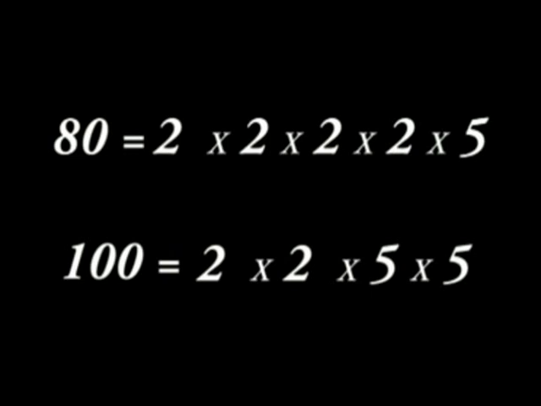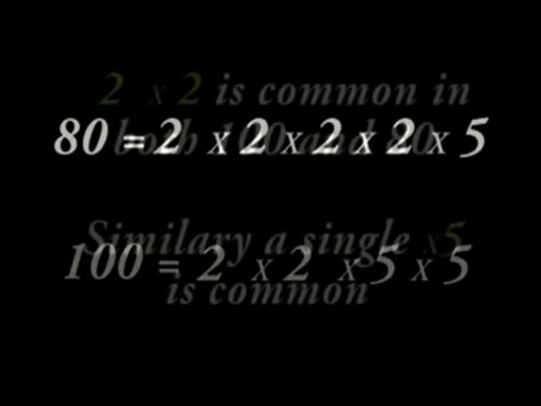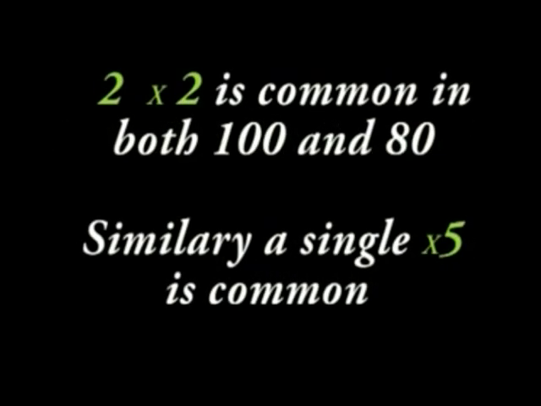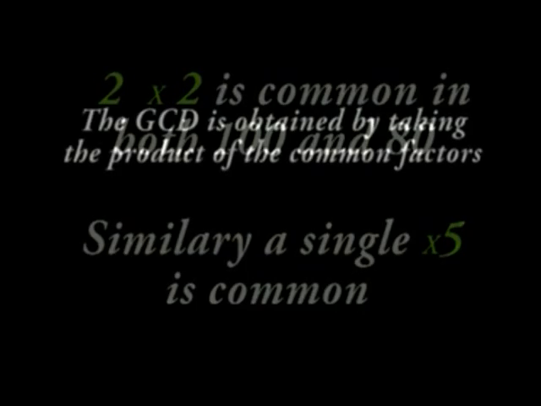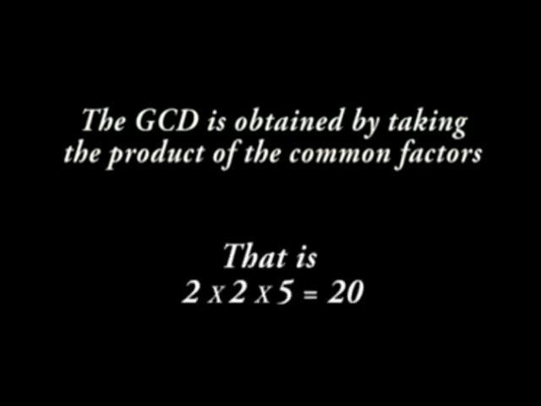If you look at these expressions, 2 times 2 is common in both 100 and 80. Similarly, a single 5 is common. Therefore, the GCD is obtained by taking the product of the common prime factors, that is 2 times 2 times 5, which gives us 20.